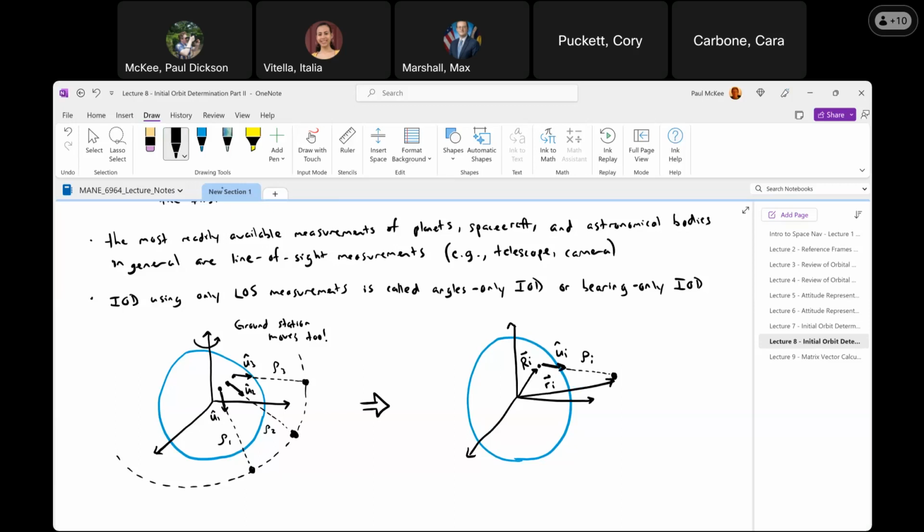And so our problem looks like this. Given R1, R2, and R3, and U1, U2, and U3, and T1, T2, and T3.